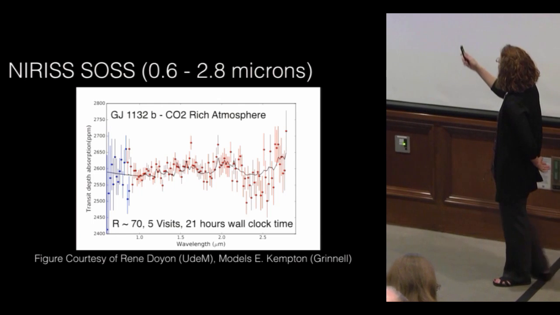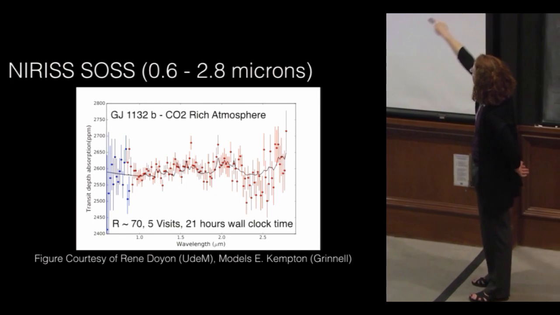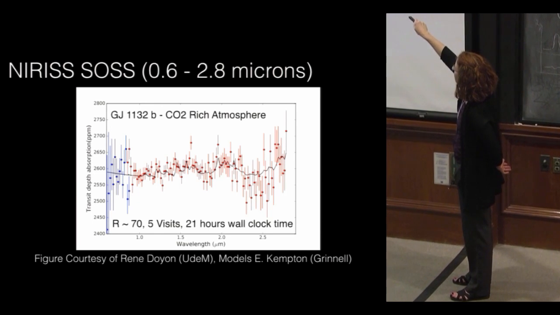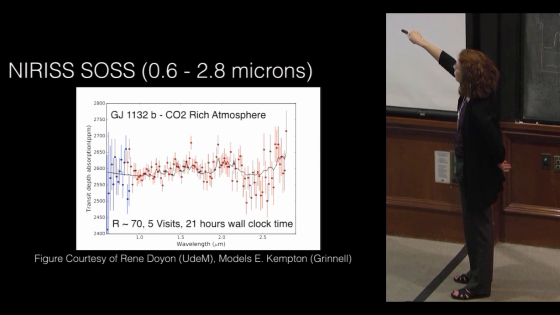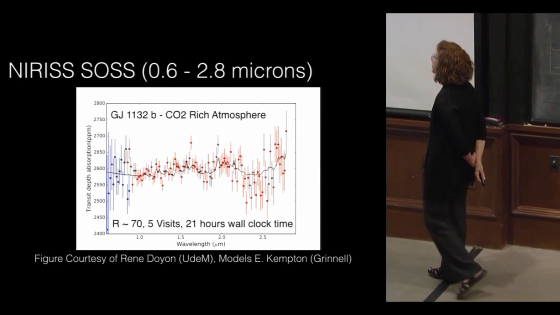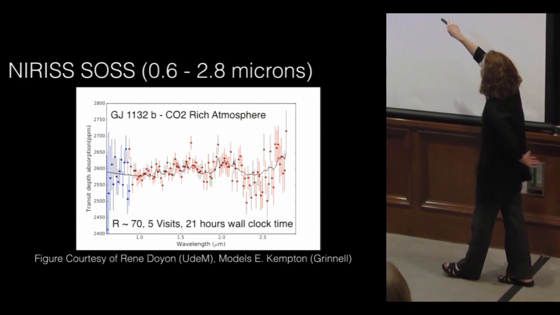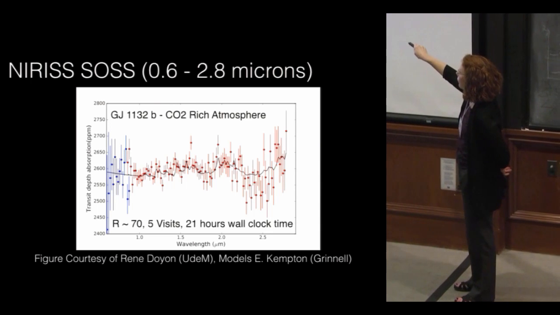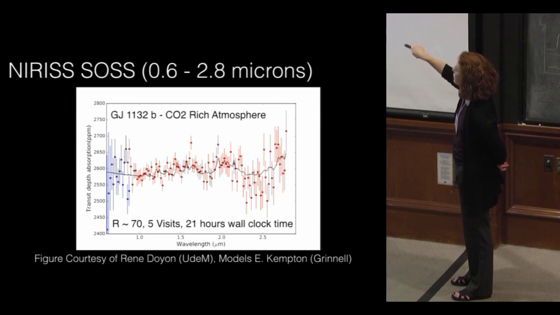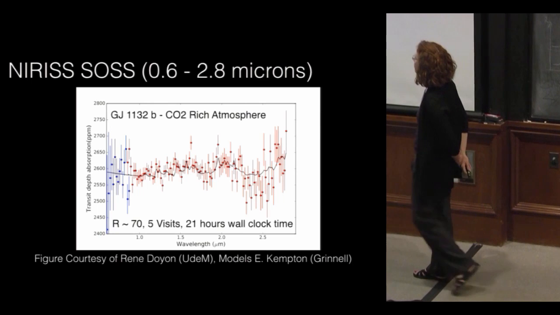With SOSS, what you end up getting is, at an R of 70, you can certainly make out these spectroscopic features. It only requires about 5 visits and about 21 hours of wall clock time. At this point, looking at 1132 with HST is going to require a far greater investment of time, but it's certainly worthwhile to do pre-screening.